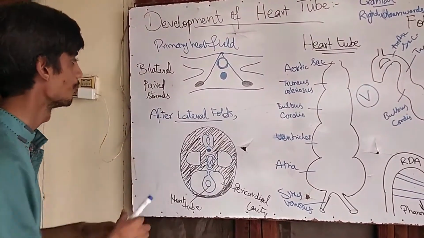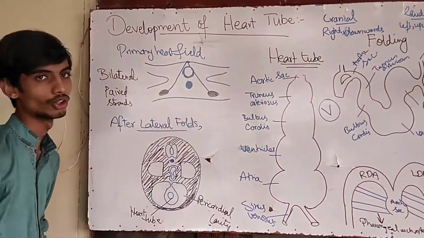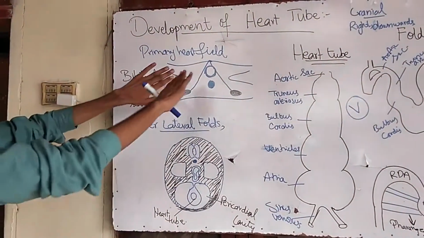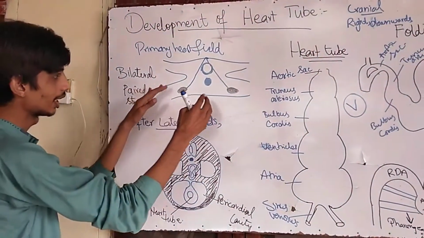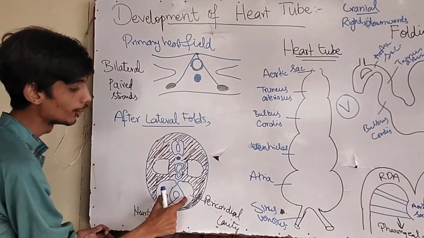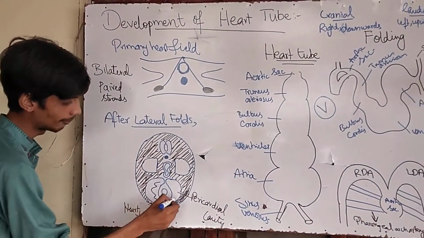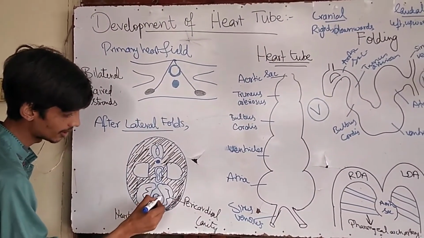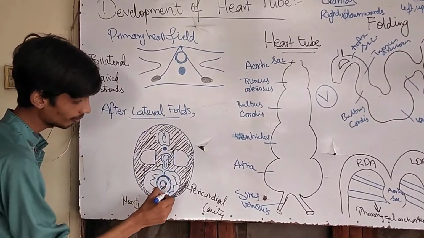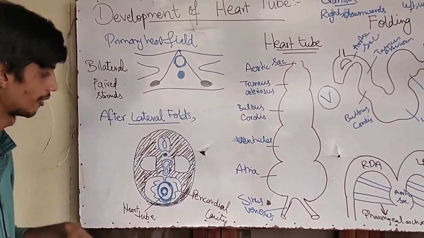So what happens whenever there is the lateral fold in the horizontal plane, these paired strands come together to form the heart tube, fine. And the space which is present here is the pericardial cavity, and this is the heart tube.